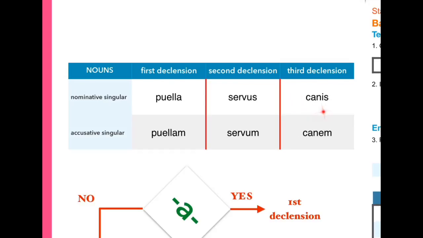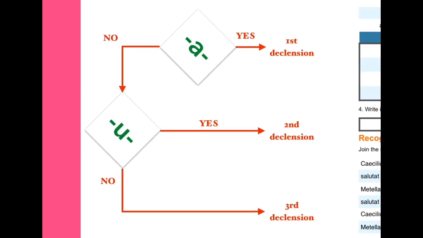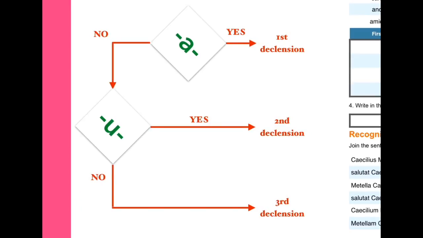The ending of this first one here can be just about anything. But this is a table which kind of gives you a way of working it out if you're still not sure. So you think, right, let's start here. Has it got an A in the ending? Yup, it's first declension. Nope. Has it got a U in the ending? Yup, second declension. Nope, it must be in the final bucket, the third declension at the end.